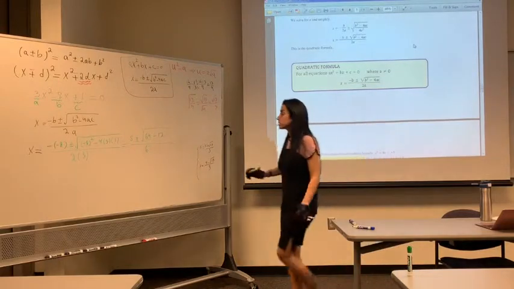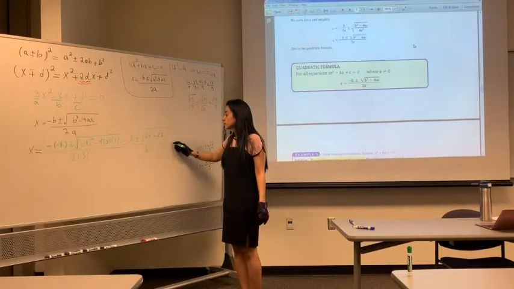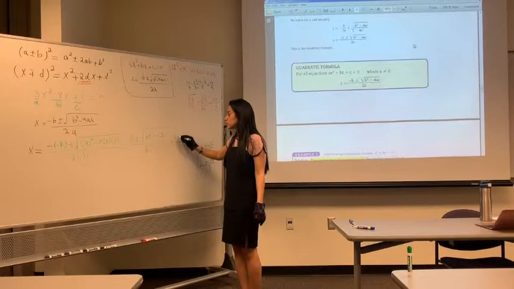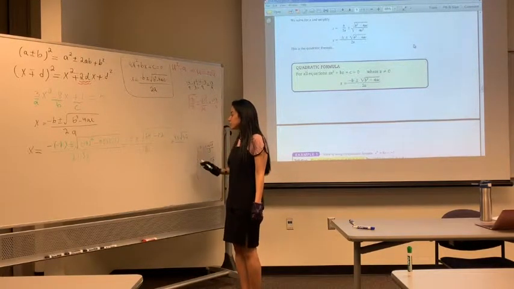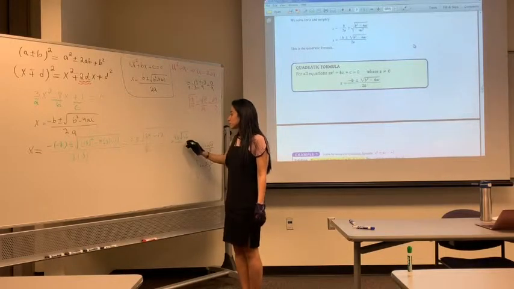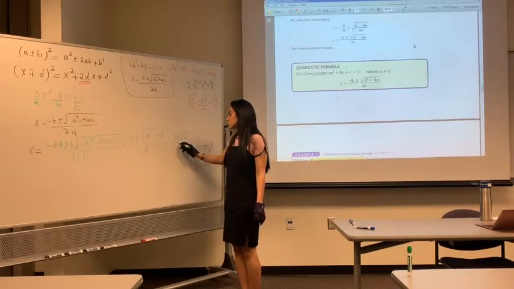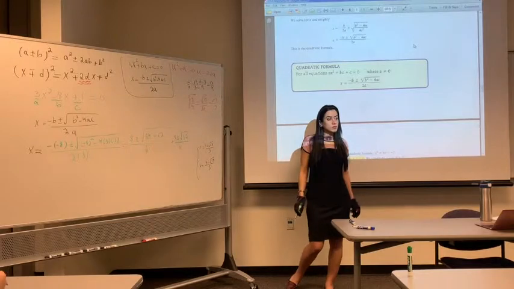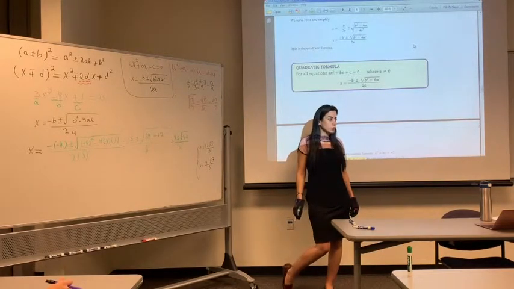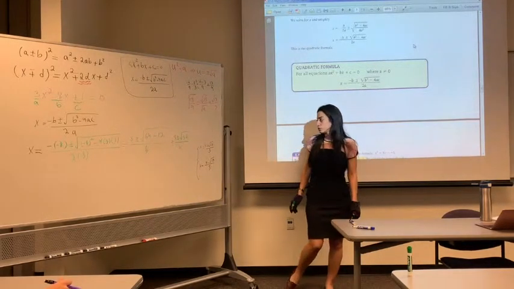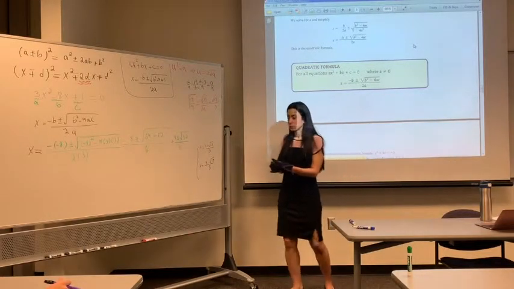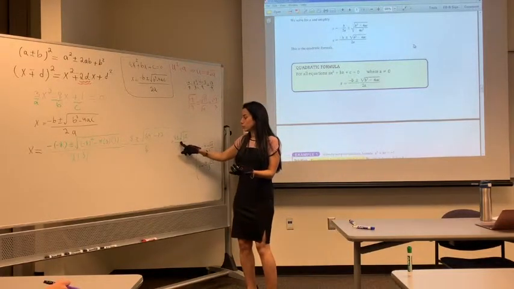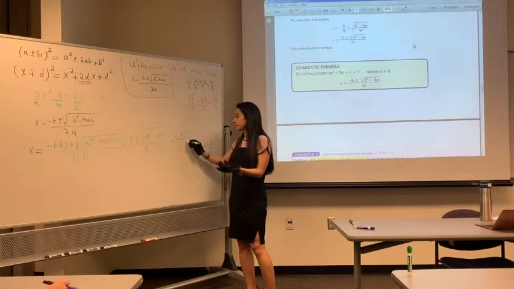So 64 minus 12 is 52. Divide by 6. 52 is 13 multiplied by 4. I want to just simplify this.